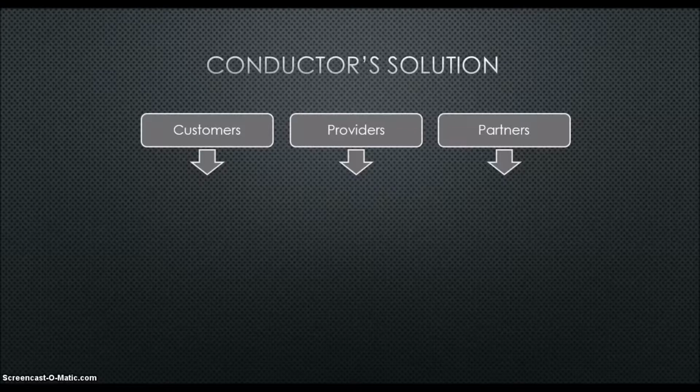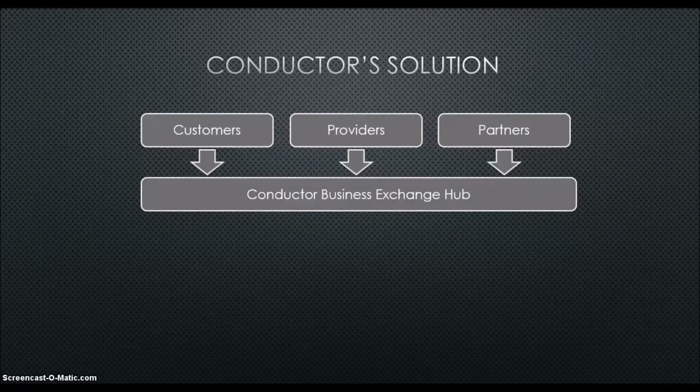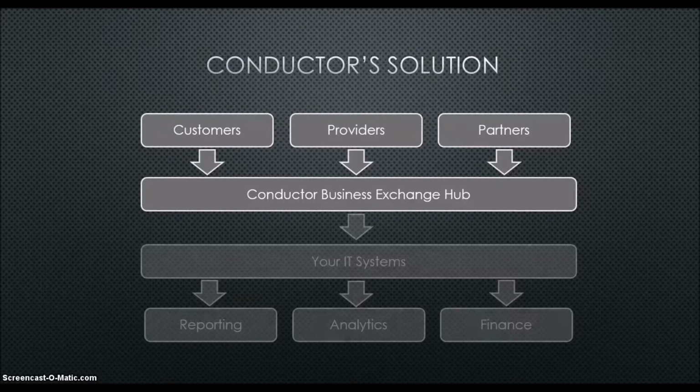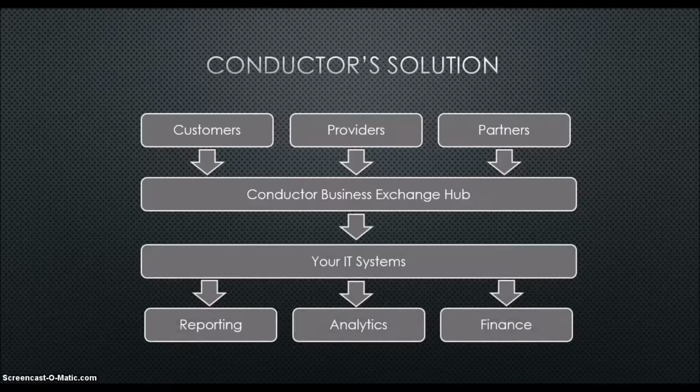What we do is, taking the same model, we sit in between your customers and your data providers, your data sources, and your business itself, so the destination. And in the case of this, we actually manage that data transformation and the method of getting data from one end to the other.